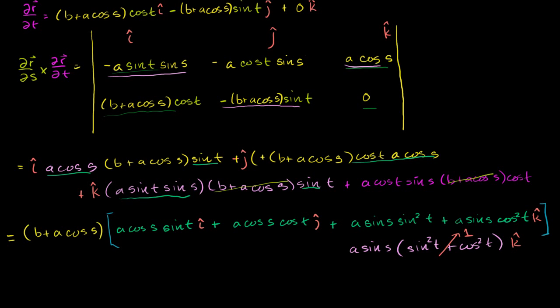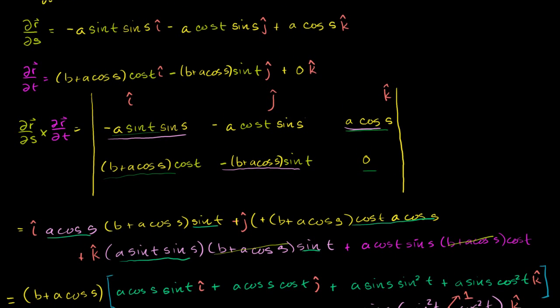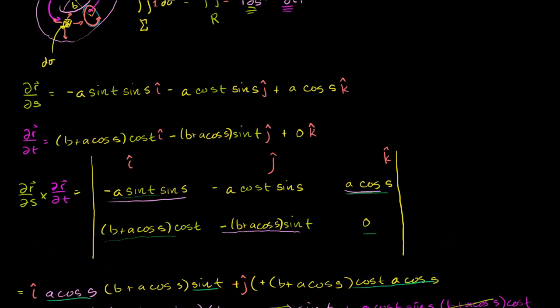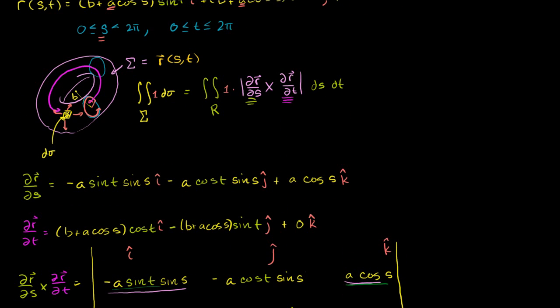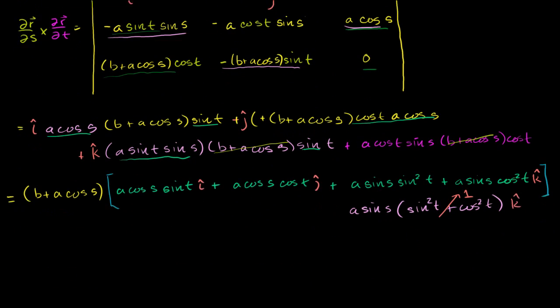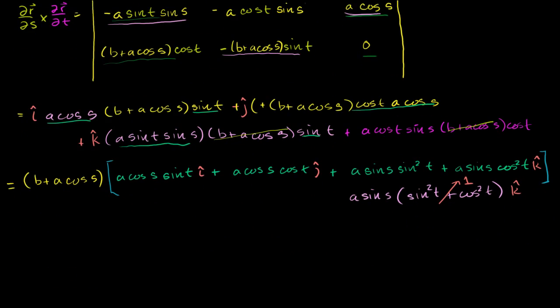So far, we've gotten pretty far. We were able to figure out the cross product of these two partial derivatives of our original parameterization. Before we take the magnitude of it, it translates to this thing right here. Let me rewrite it neatly, and we'll use this in the next video.